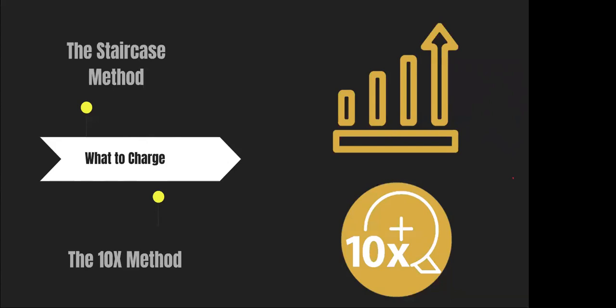And so the way the 10X method came about, in terms of prices, is we would identify what their customer was worth to them, right? So when we were talking to medical spa people, they had treatments that were $500, $600, sometimes even $700.